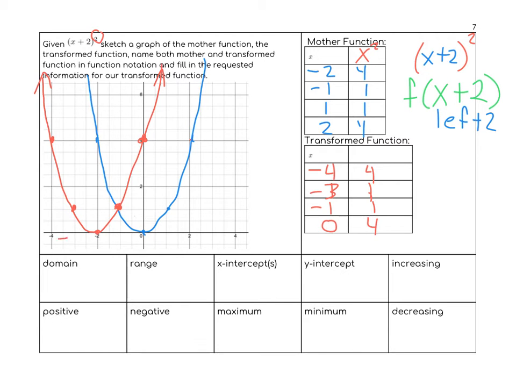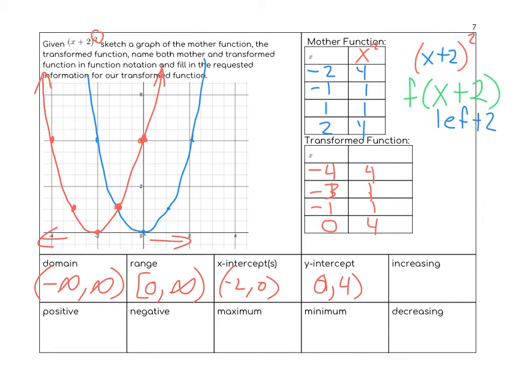Domain, since I'm going off my graph in both directions and keep going, we say the domain for this is -infinity to infinity. For the range, I don't go any lower than 0. That's my lowest y value, but I go up forever. X-intercept, I've got (-2, 0). And a y-intercept, we've got (0, 4). It is increasing. We're starting to increase at -2 and going on forever.